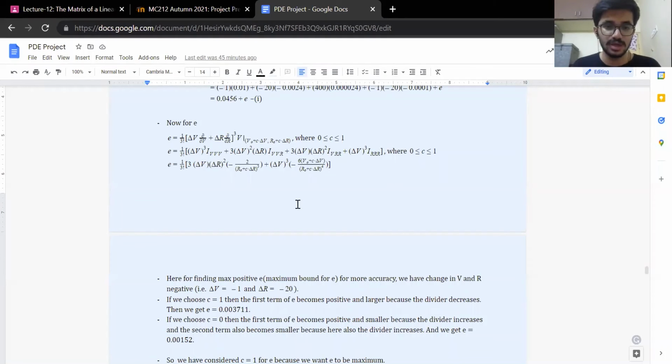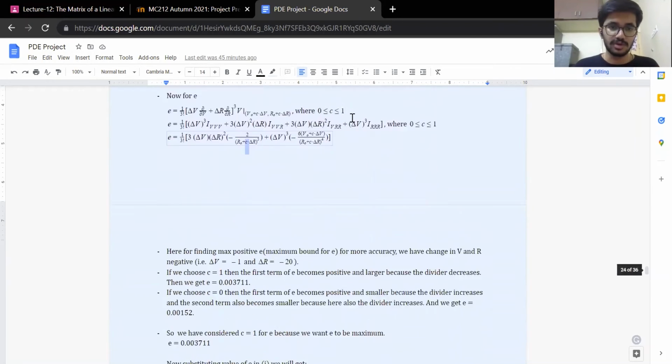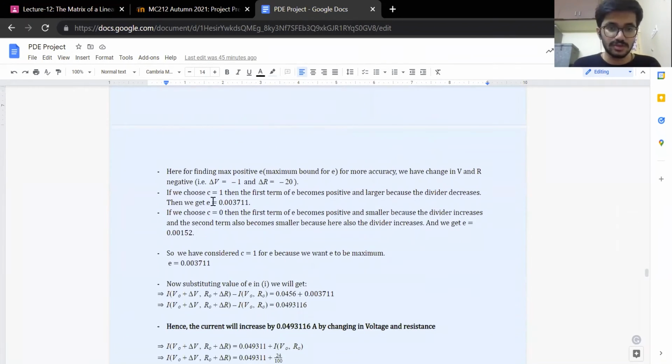So for that purpose, we take C as 1 in this equation. I haven't shown the calculation because this whole Taylor problem is quite lengthy. So we get this error when we take C equal to 1, and if you take C equal to 0, we'll get this value.